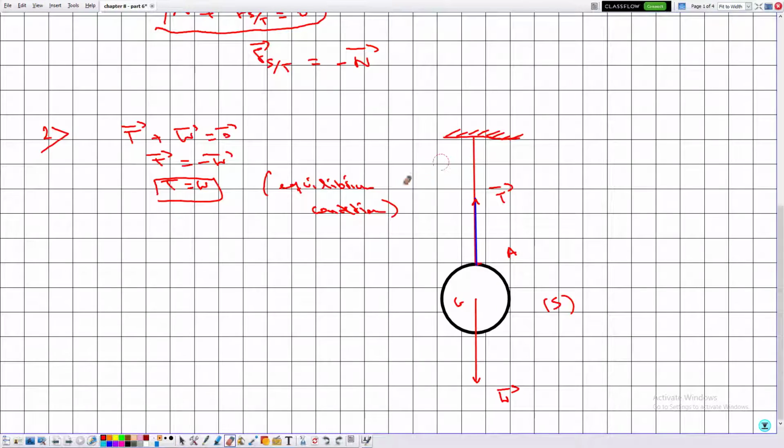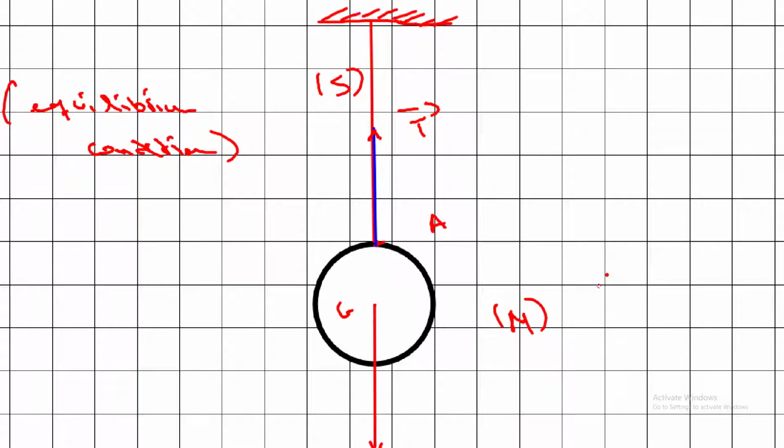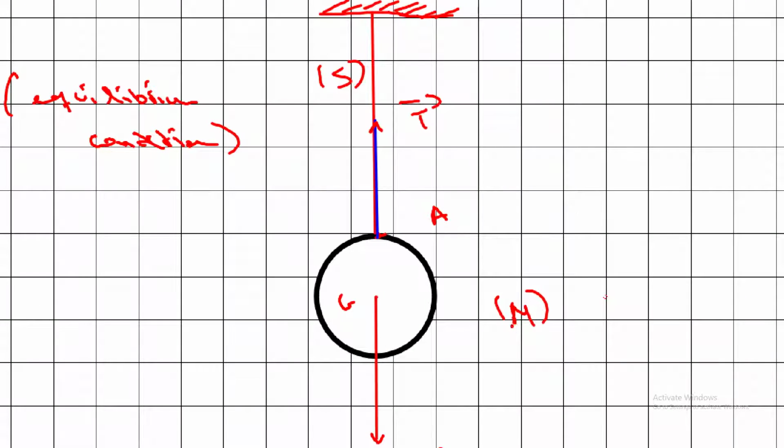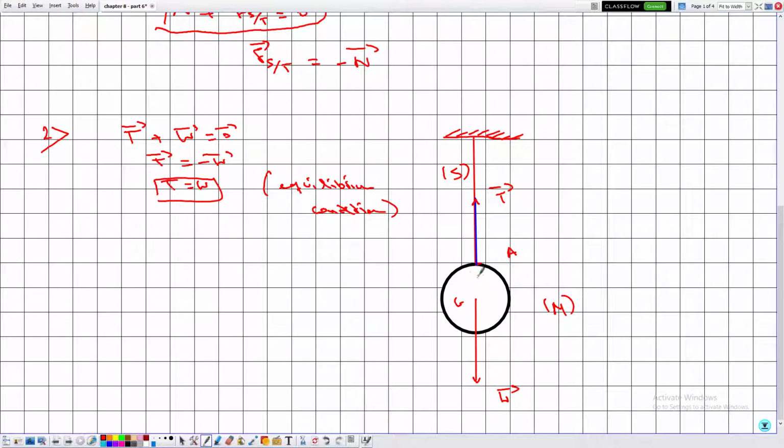Let me say that this is the string S and this is the solid or the block M. Okay, so now we can say that the string is exerting an action on the solid M, which is given by the tension. So according to the principle of interaction, the solid M will exert an action on the string, which is given by F_M on S.